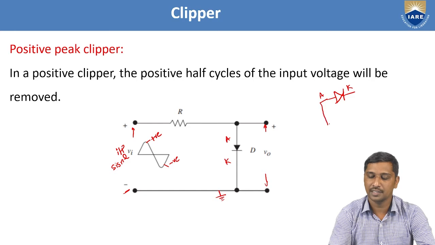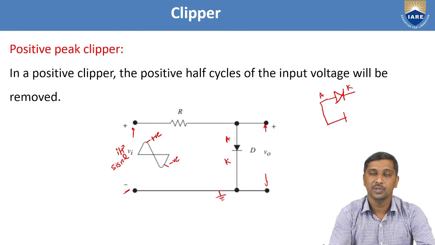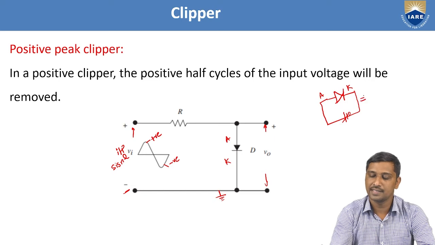When the anode is connected to the positive pole of the battery, and here you can also connect an AC source, and the cathode is connected to the negative pole of the battery, then we can say that the diode becomes forward biased.